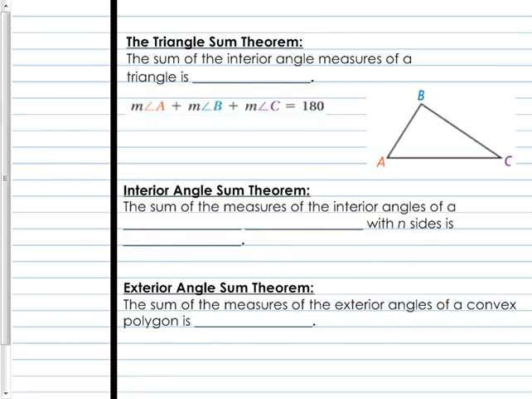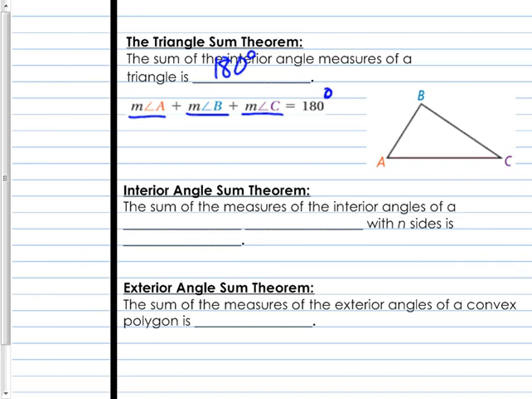The triangle sum theorem says that the sum of the interior angle measures of a triangle is 180 degrees. That should be extremely common information. You know that. Measure of angle A plus measure of angle B plus measure of angle C equals 180 degrees.